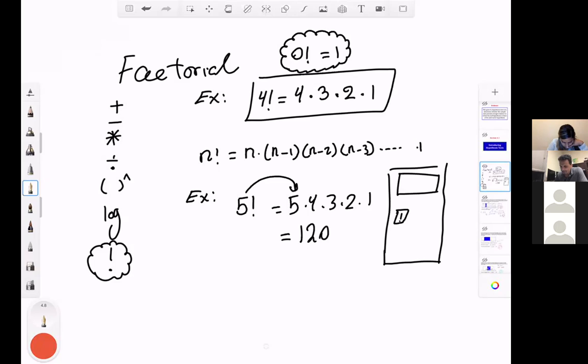What about 8 factorial? Factorial means 8 times 7 times 6 times 5 times 4 times 3 times 2 times 1. The last one doesn't matter, times 1, but if you multiply, what do we get?